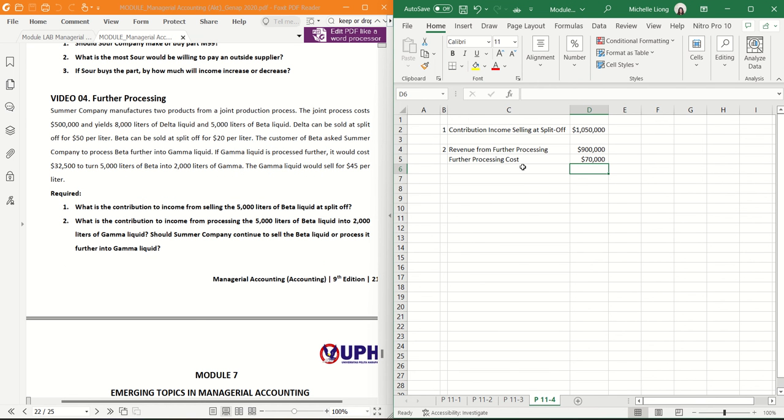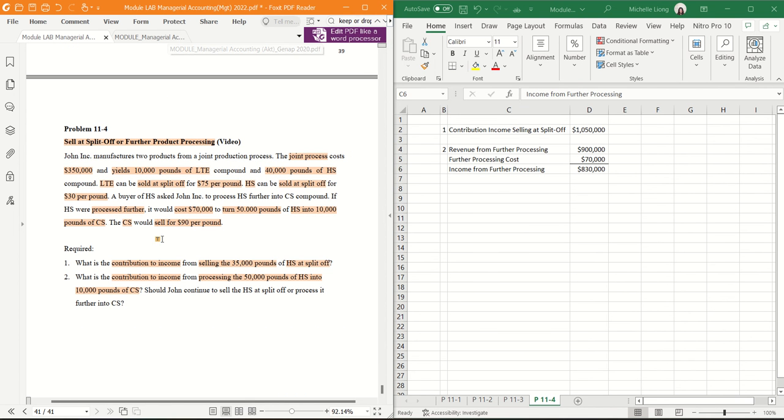So continue. And here we can write the income from further processing. Income from further processing, we can say that it's 90,000 minus 70,000. So the income is only 830, and that's why we can say if they sell it at split off, it will be more profitable.